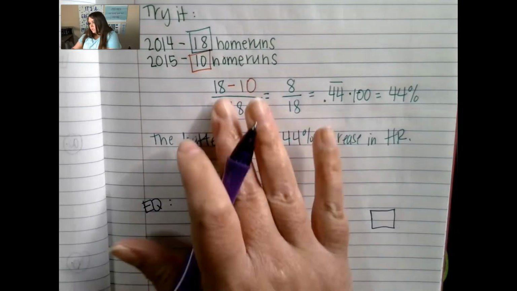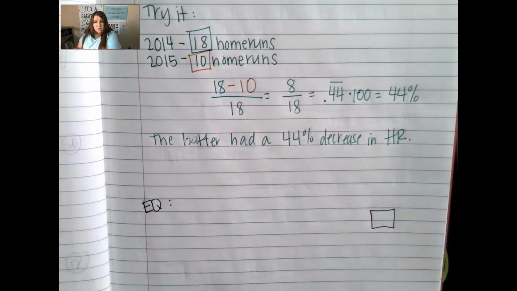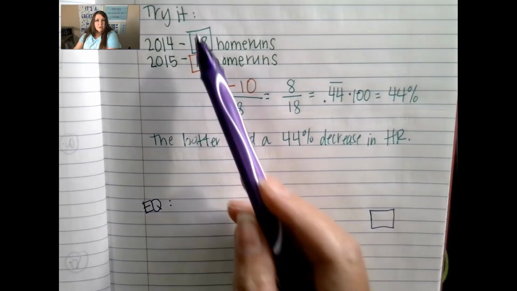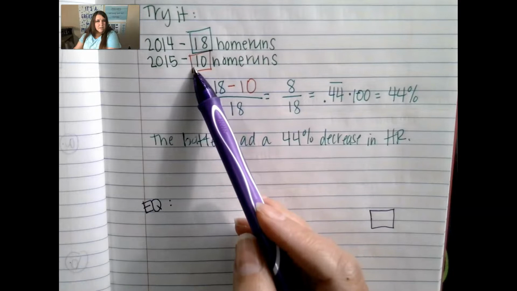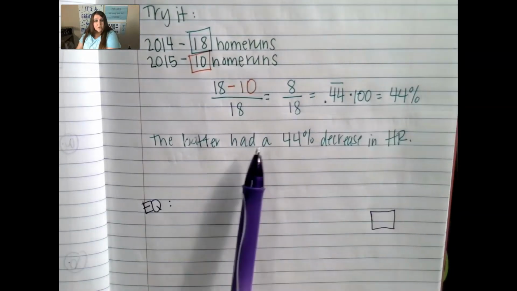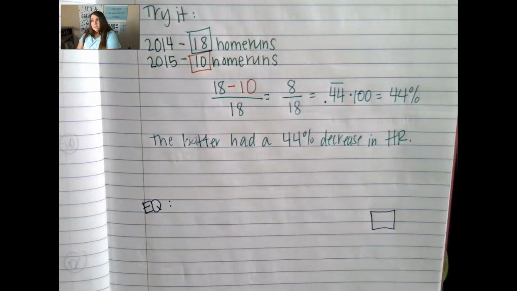I understand how to set up the problem. I just need to continue to practice. 3, I'm good to go. I know how to put the original number in, look for the starting number, the ending number, look at was it an increase, a decrease, and know how to put it into a sentence.